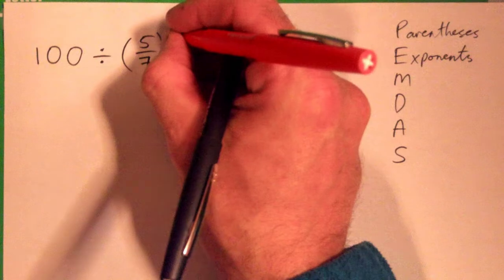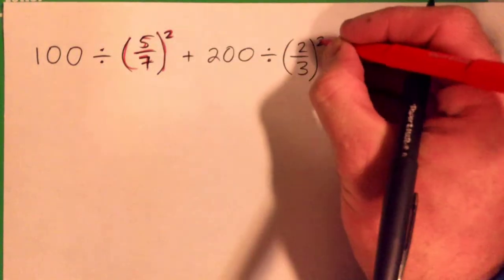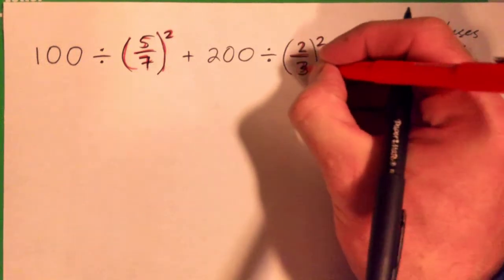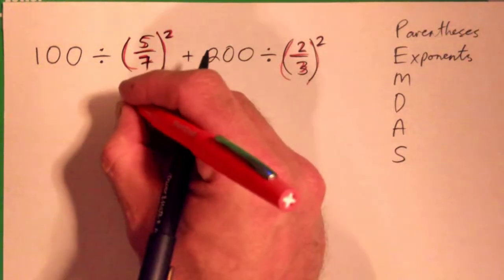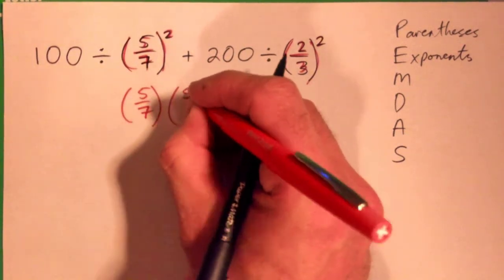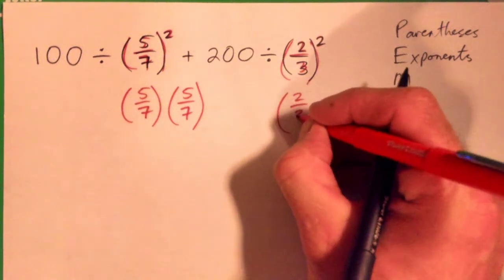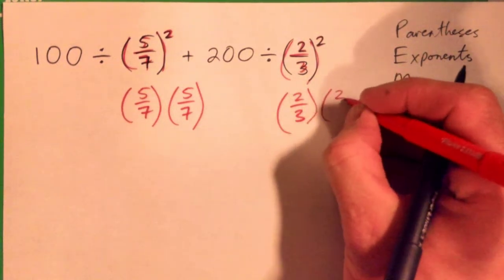So exponents: this is squared, and this is squared, 2/3. So that's 5/7 times 5/7, and this one is 2/3 times 2/3.